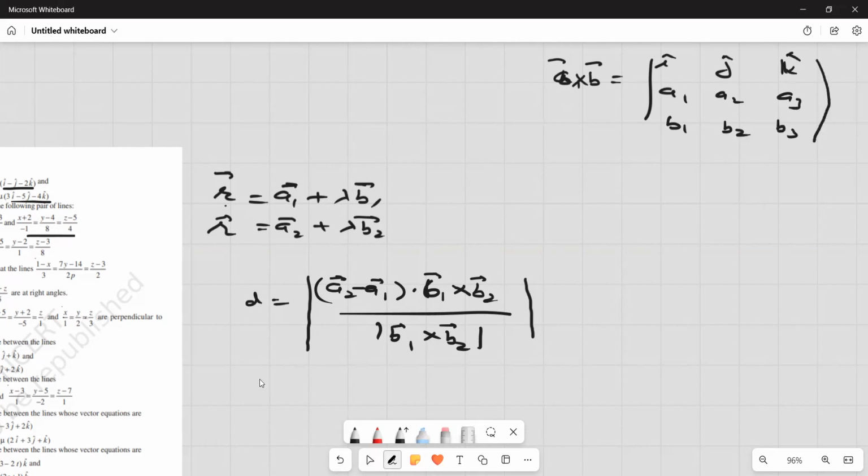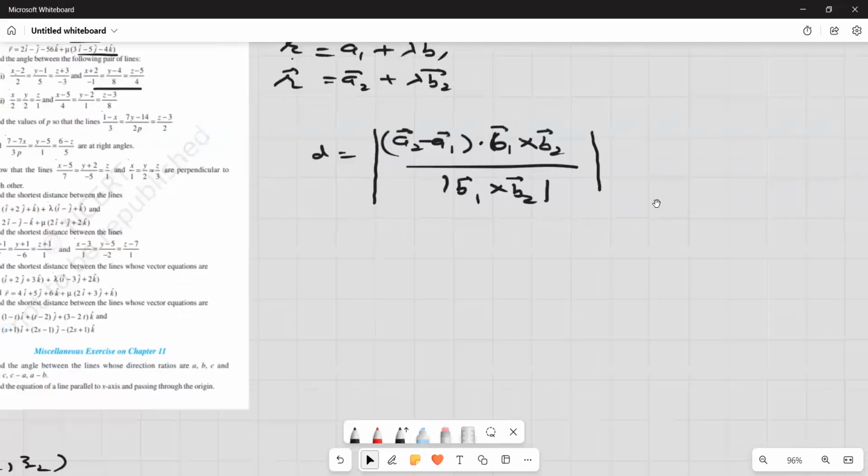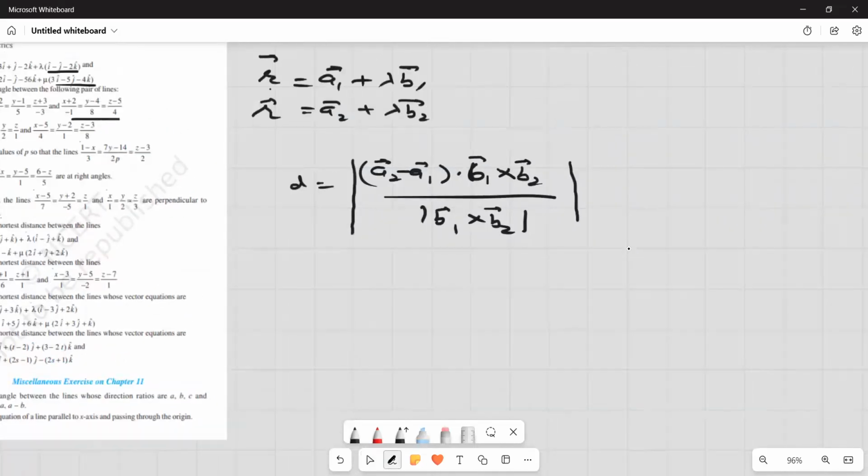Solve it like a determinant. This is the shortest distance between the two lines. This a2 minus a1 gives you ds, and this ds is dotted with the cross product of b1 and b2, which is the direction, and divided by their magnitude.